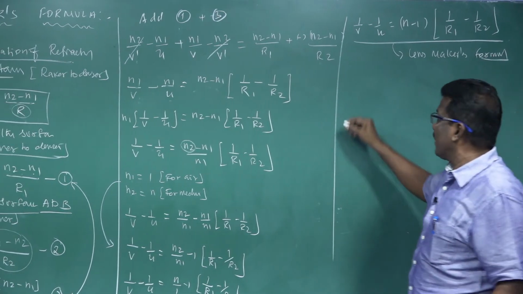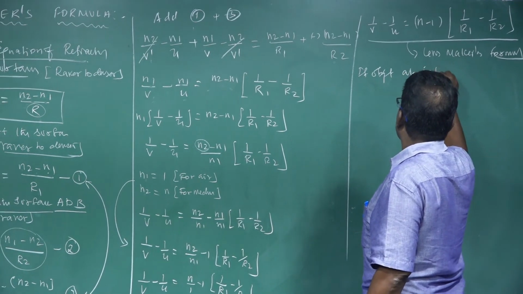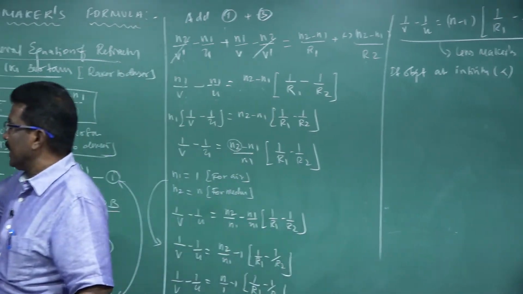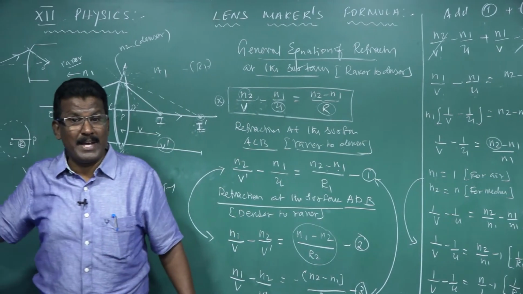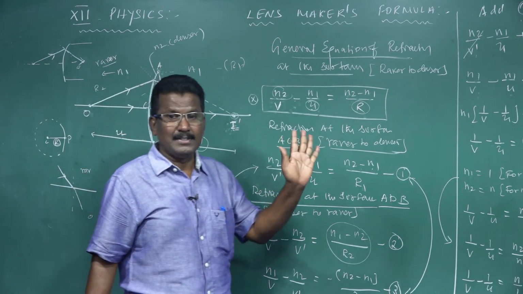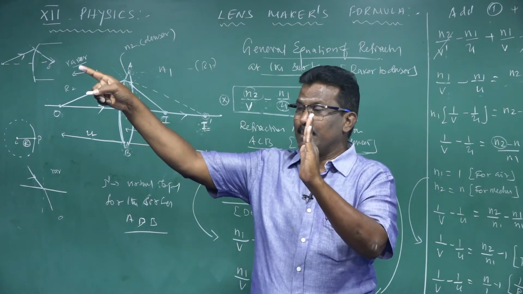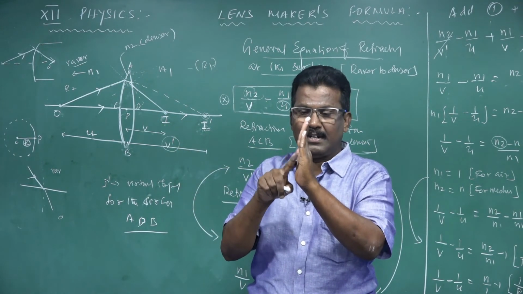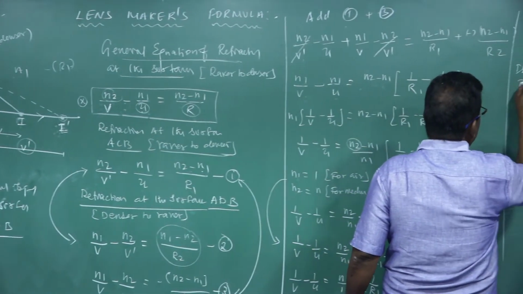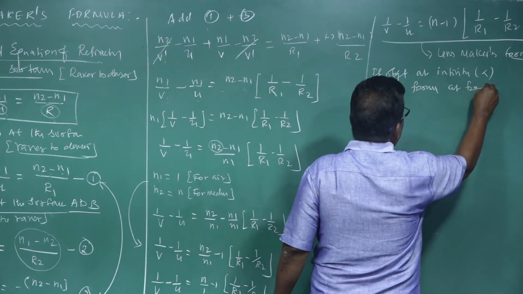Suppose the object is at infinity. If the object is placed at infinity, the image is formed only at the focus. We know that when light coming from an infinite distance is incident on the lens, the image is formed only at the focus.